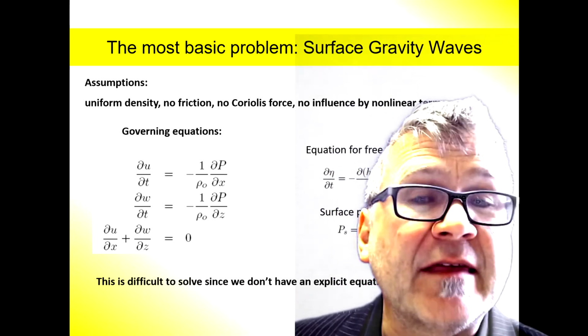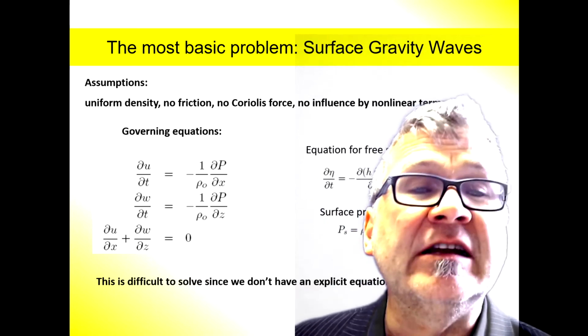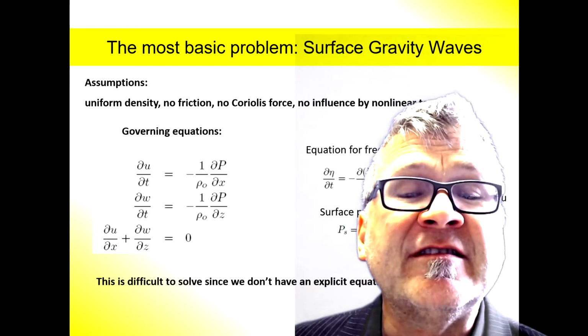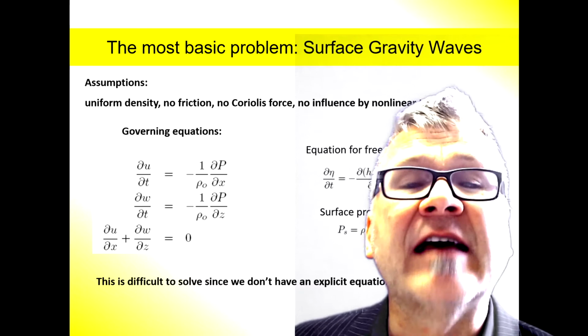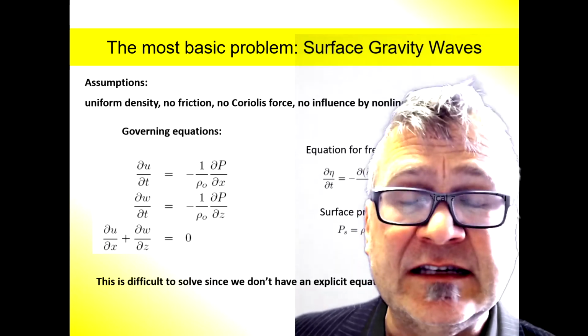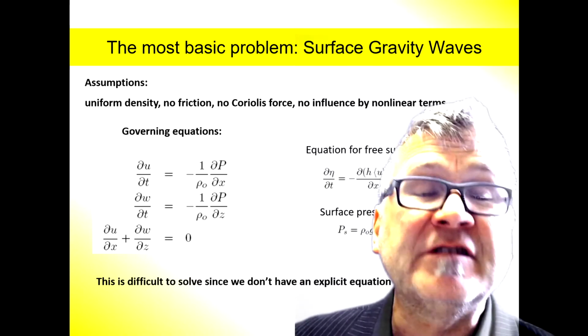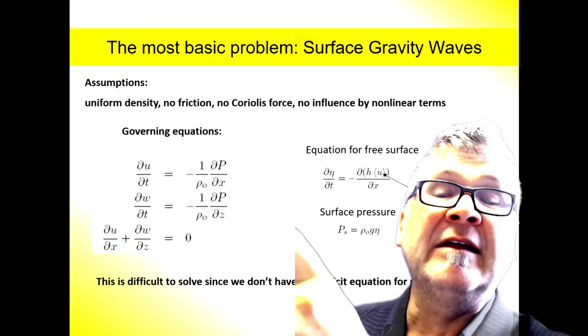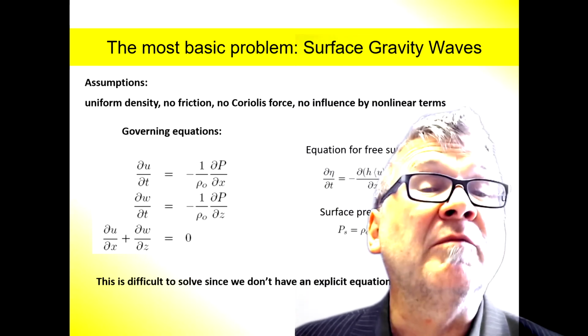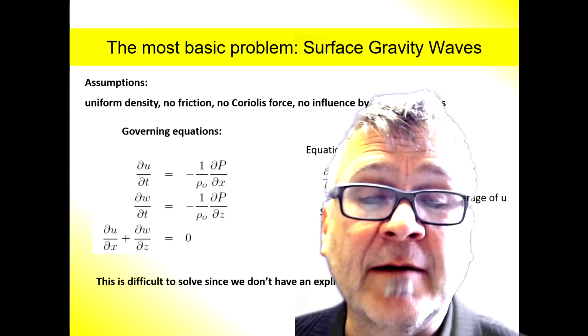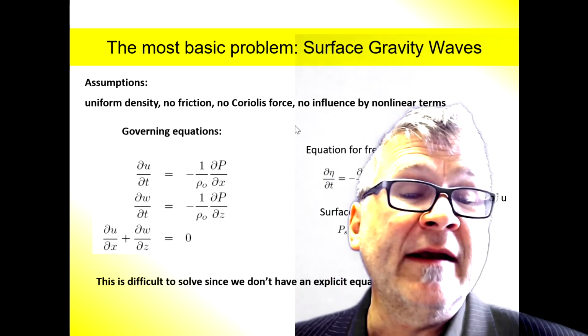The only effect that comes into play here is actually the slope of the sea surface, and that actually sets up the pressure gradient at the sea surface, which drives from the boundary, induces current. We'll illustrate that later. So these are the two momentum equations.